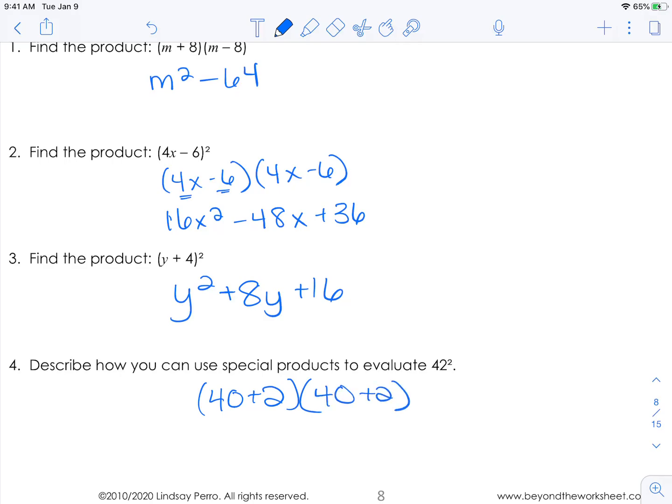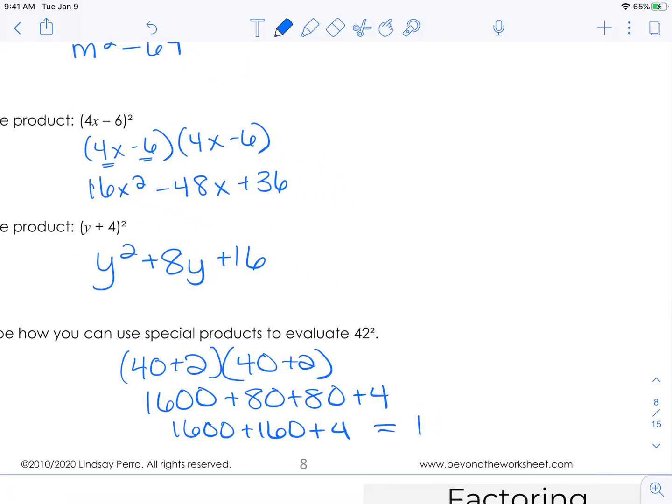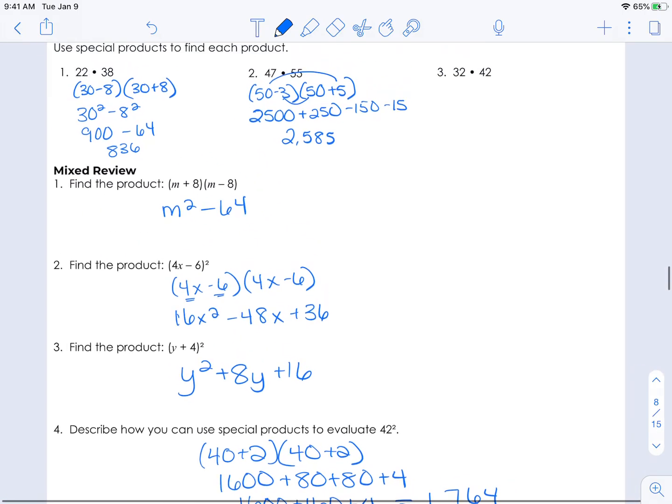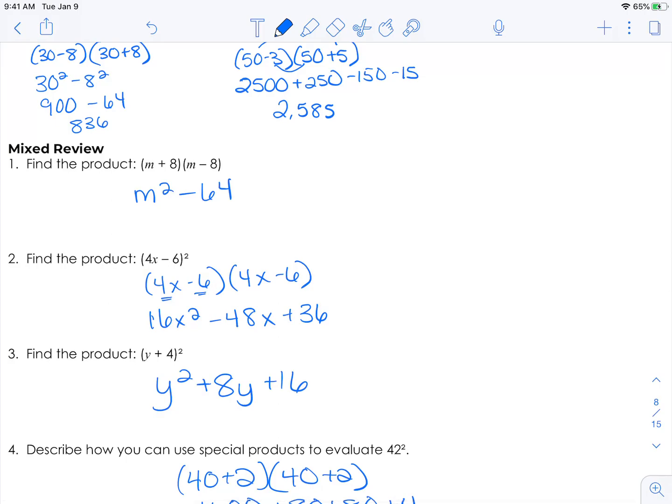So your 40 squared is 1600. And then you would add 80 and 80 and 4. So 1600 plus 160 plus 4 is 1764. So there you go. There are your special products when you are multiplying polynomials.